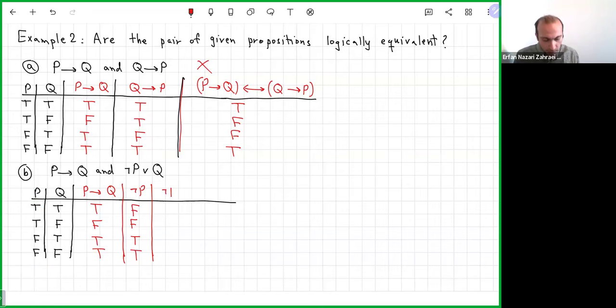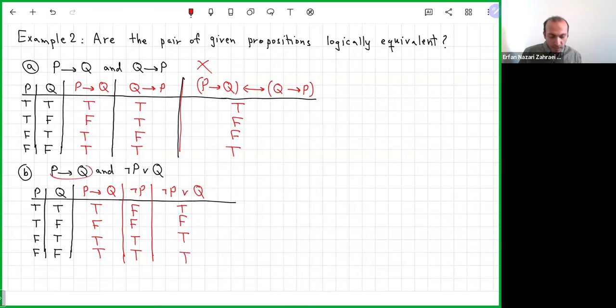And then not P or Q. So it's the or of these two columns. And or is only false if none of them is true, or both of them are false. So I look at these and these. The only row where both of them are false is the second row. So at that place, this is false, and in the other rows, it's true.